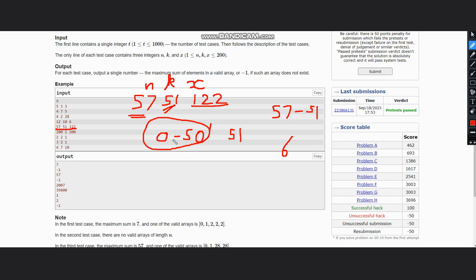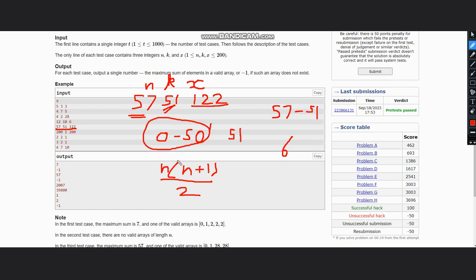When you take the sum of 0 to 50, we can exclude 0. So for 1 to 50, the sum of n natural numbers has the formula n into n plus 1 by 2. Or you can directly take the sum by running a loop from 0 to i. Once you have taken this sum, you get the answer from here.